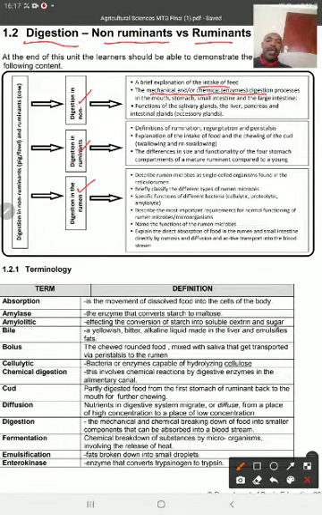And then we're going to look at the functions of the four glands, that is salivary, liver, pancreas, and intestinal glands. These glands are called accessory glands because they are not part of the alimentary canal, but they assist in the digestion that takes place in the alimentary canal by secreting their digestive juices in the alimentary canal. All right.